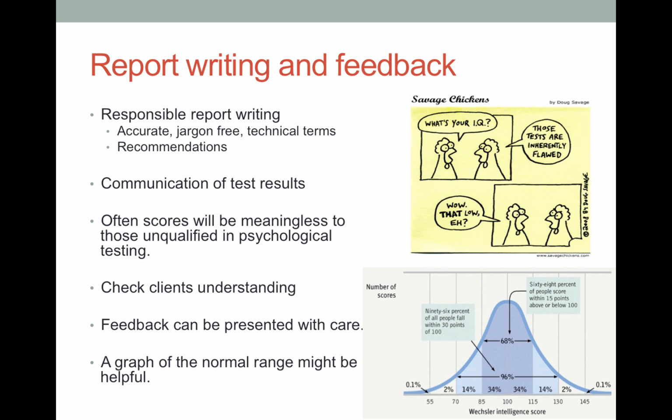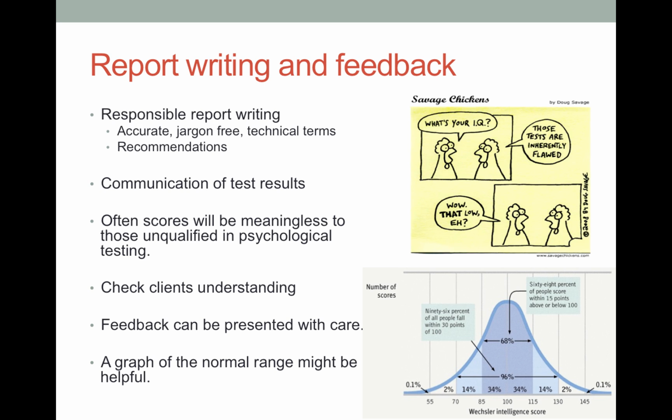It might be appropriate to say that test scores will not be revealed, but feedback will be given. This should be communicated from the start, because often scores will be meaningless to those unqualified in psychological testing. You might need to check a client's understanding of, for example, what they think an IQ test score actually means. Feedback can be presented with care.